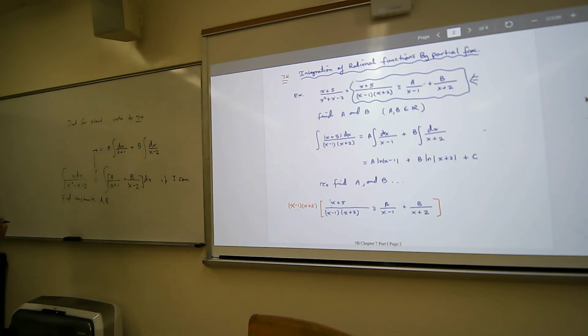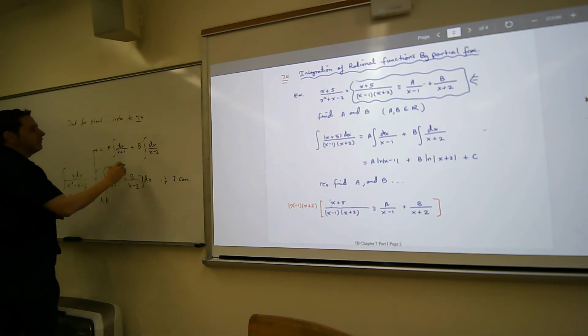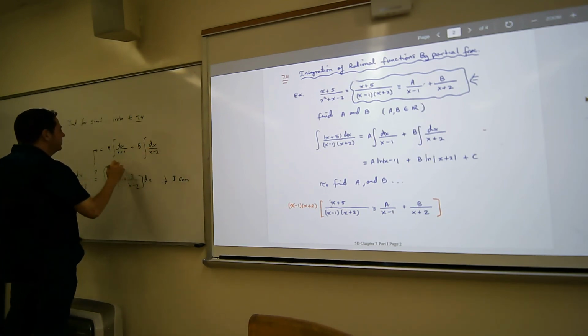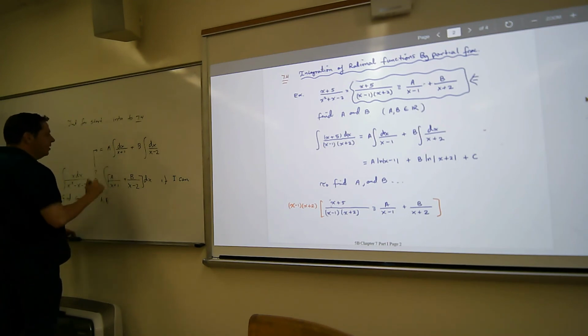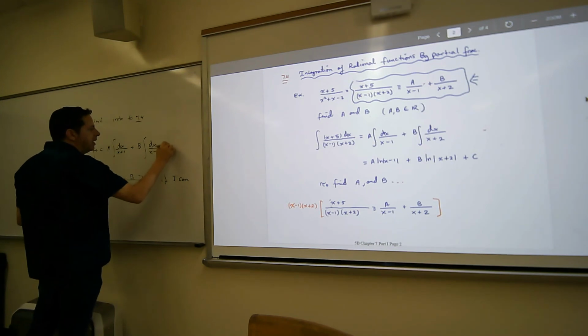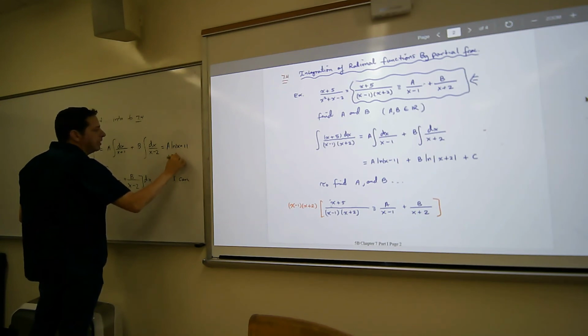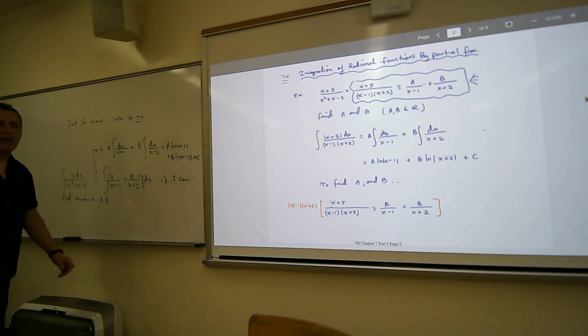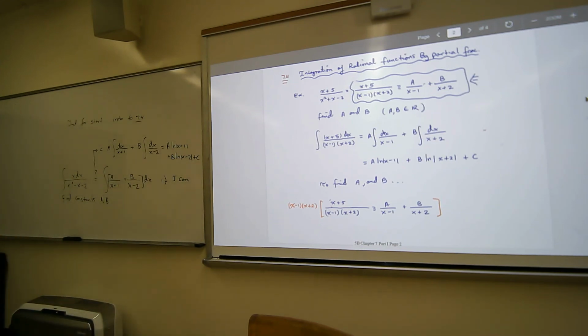And then there you go. I get the form of the answer immediately, right? So it's going to be A ln of x plus 1 plus B ln of x minus 2 plus C. I did all the calculus there. I just didn't do the algebra. Only A and B.